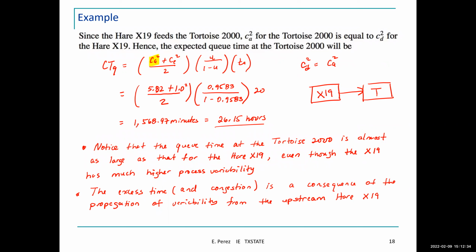But we are seeing that the high variability is now being transferred into this tortuous machine because of the propagation of variability through the manufacturing line. So if you have a very high variability at the beginning of your process, you should expect that to spread out into the rest of the process.